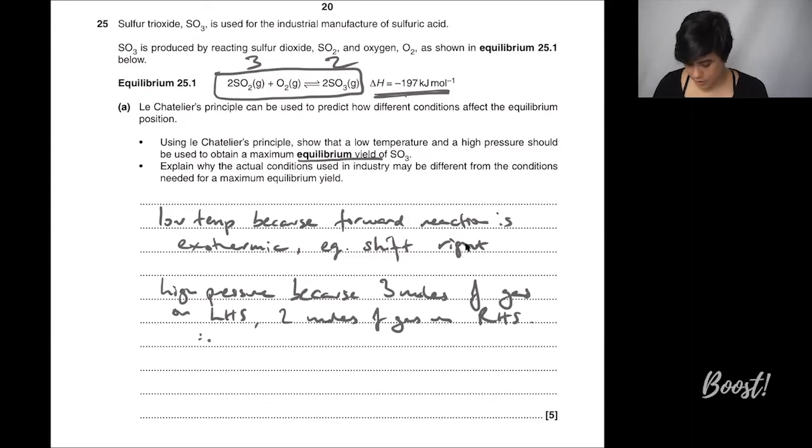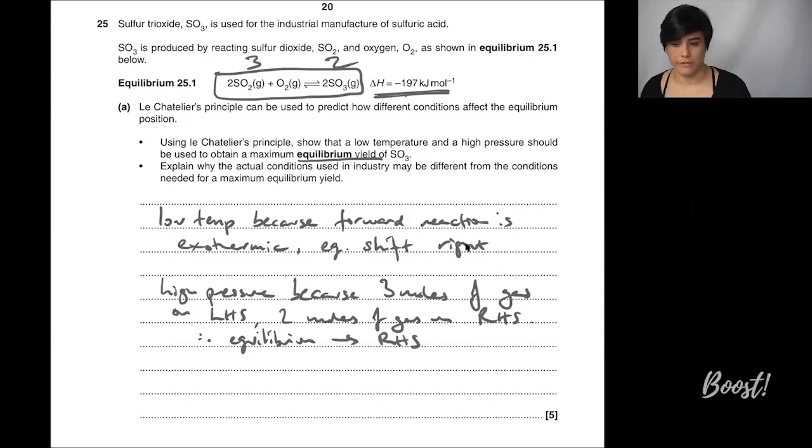Therefore, high pressure will shift the equilibrium to the right-hand side, which is in favour of the forward reaction and producing more products or increasing the yield.